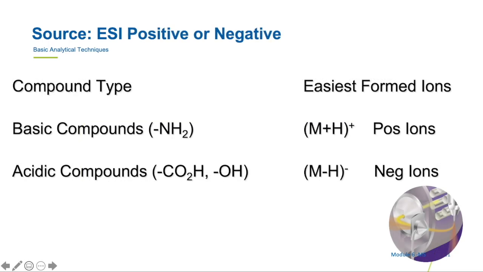Chemical compounds are by their nature better suited for positive or negative electrospray ionization. Basic compounds more easily form positive molecular ions, while acidic compounds more readily form negative molecular ions. Modern mass spectrometry systems have the ability to switch between negative and positive electrospray ionization within the same run.